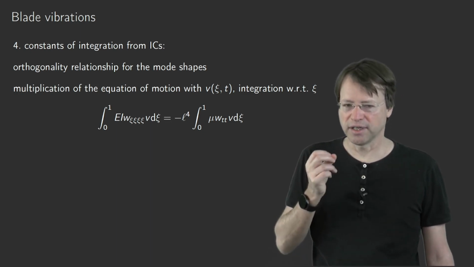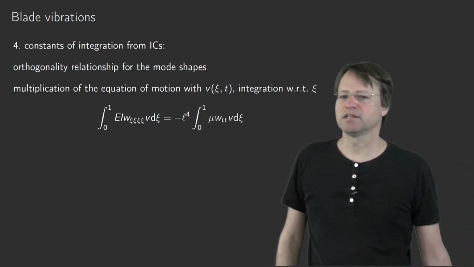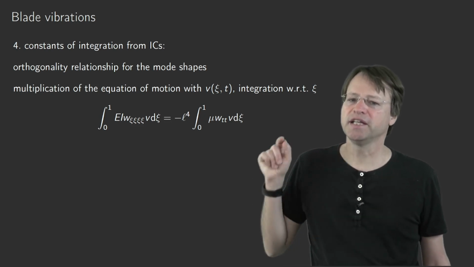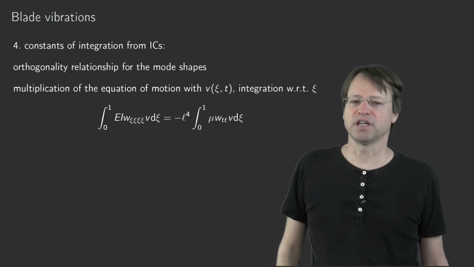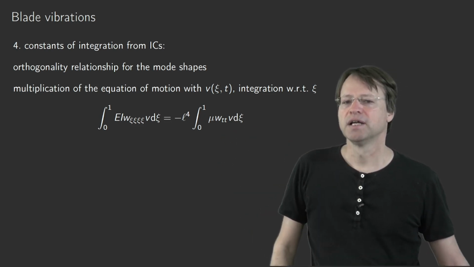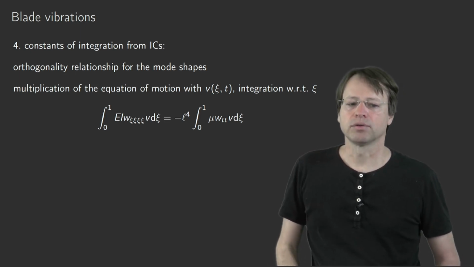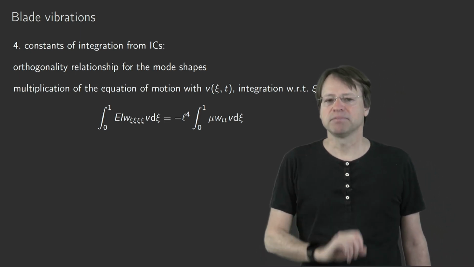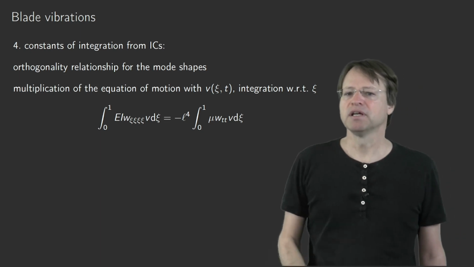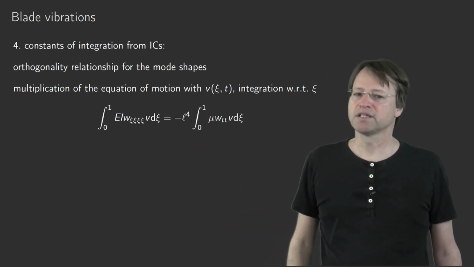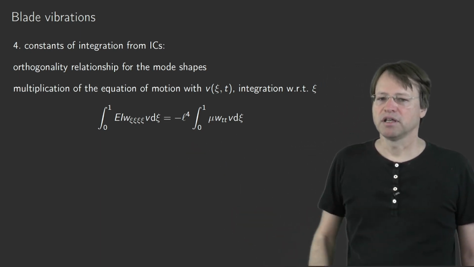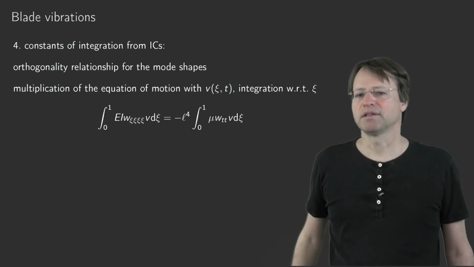So it's generic; that information sits already inside the equation of motion. The equation of motion will guarantee that the orthogonality relationship must be satisfied. It's a property of the equation of motion. That's the important thing you should learn here by this argument.